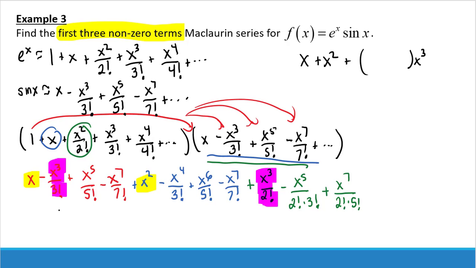Now let's combine any term that would be an x to the fourth. Okay, I have an x to the fourth here, but if I multiply this x to the third times this first quantity there, I'm going to get an x to the fourth over 3 factorial.